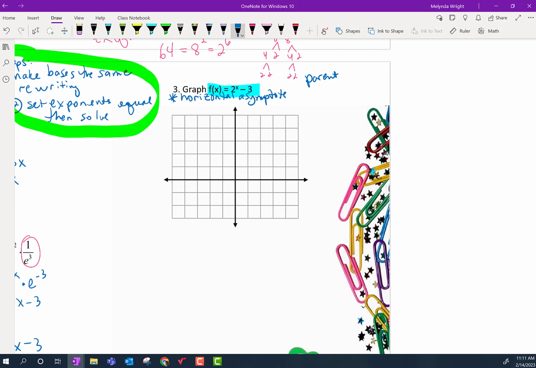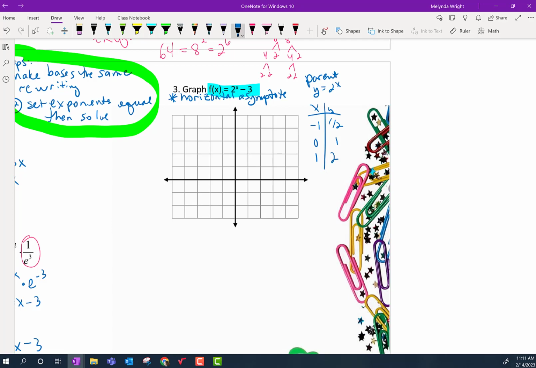So the parent is y equals 2 to the x. For parent points, I like to do -1, 0, 1. That's my favorite. So I plug in: 2 to the -1 is 1/2, 2 to the 0 is 1, and 2 to the 1 is 2. Those are my parent points.